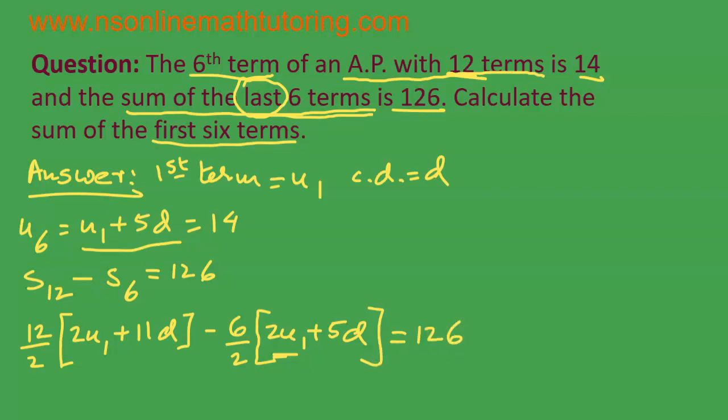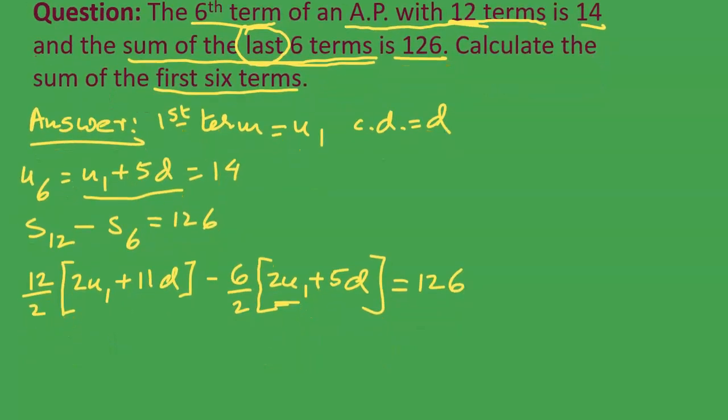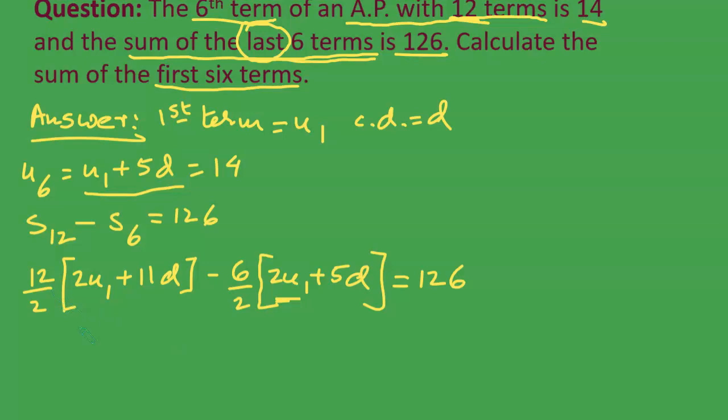Okay, so let us simplify this equation. 12 over 2 is 6, and 6 times 2u1 is 12u1. Opening the bracket, 6 times 11 is 66d, and minus 6 over 2 is 3. 3 times 2 is 6u1, minus 3 times 5 is 15d, equal to 126.